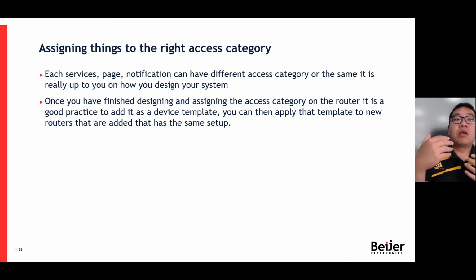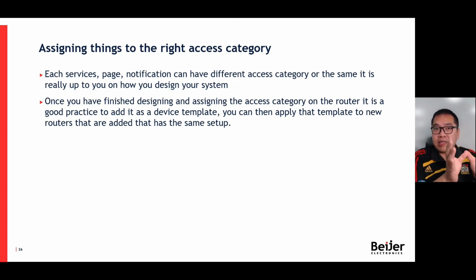So like I mentioned, whenever we do this, configuration is always to a particular device. And then you must be wondering, oh, this is crazy, I have to repeat it so many times. So I always tell all our users, it's a good practice, once you have done this on a particular device, to save it as a device template.